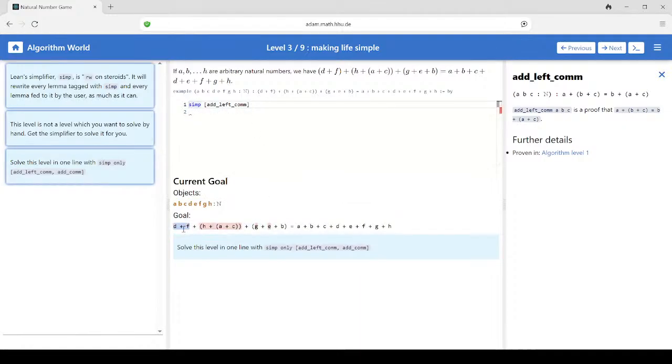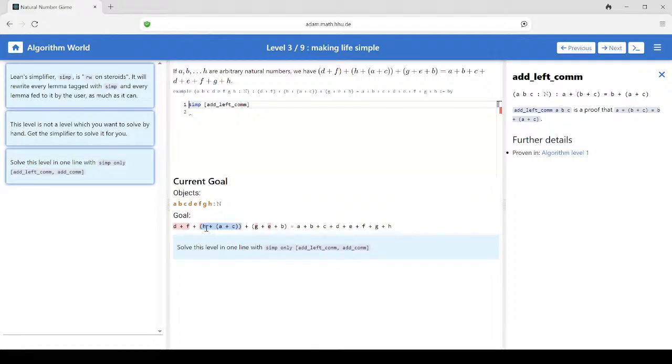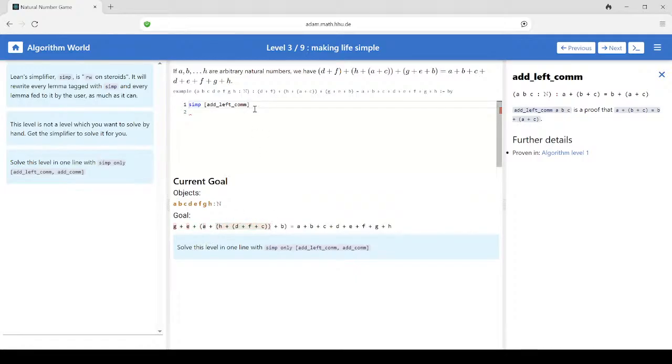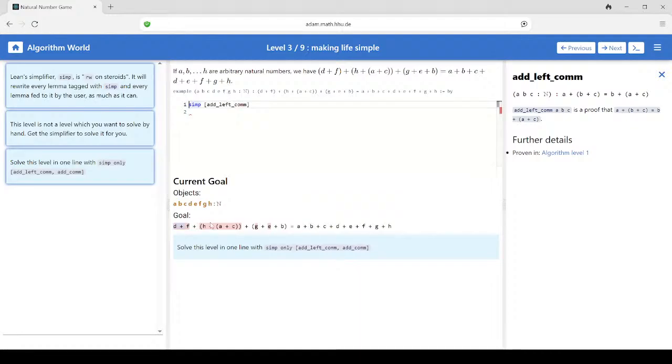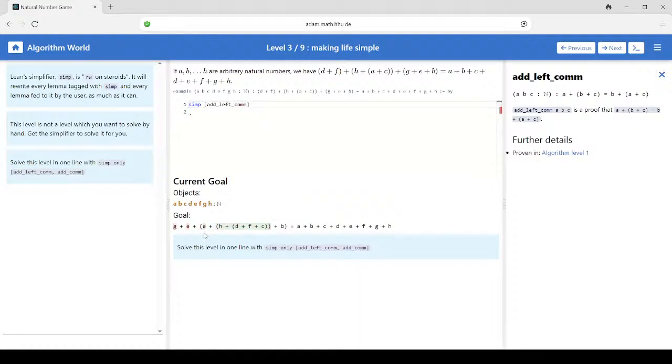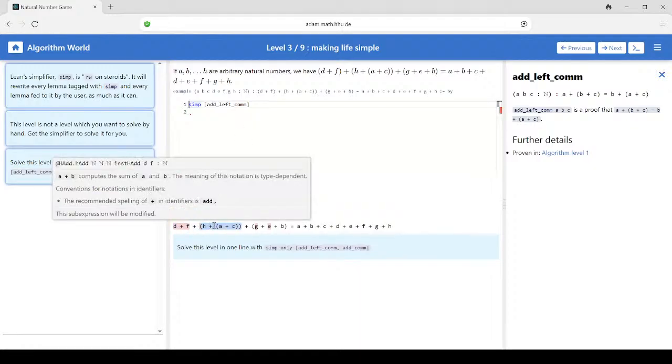This D plus F. A plus B plus C. So this D plus F is one block, and it's going to trade places with H, or with A. The D plus F trades places with A. That's what's happening here. So it's taking this block here and trading places with the A here.